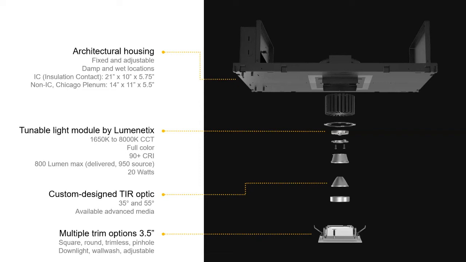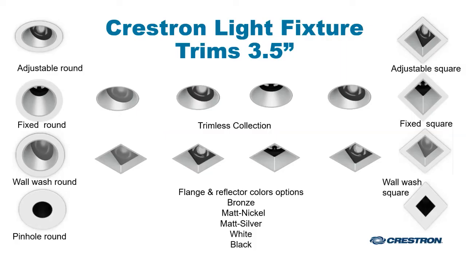Trimless reflectors are available as well. Here are some visual examples of all trim options: fixed, adjustable, wall wash, pinhole, with trimless options of each. There are also extenders available for ceiling thicknesses up to 1 7/8 inch.